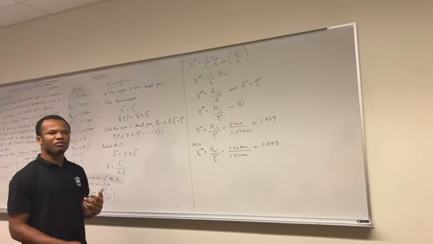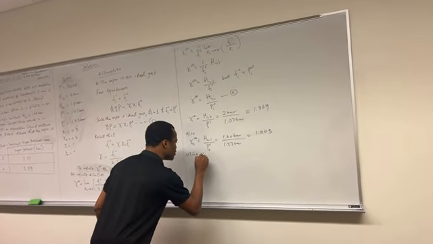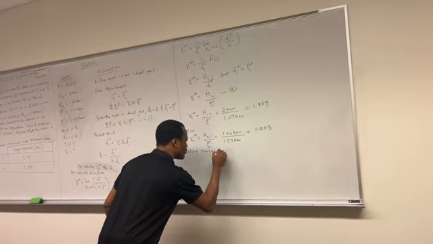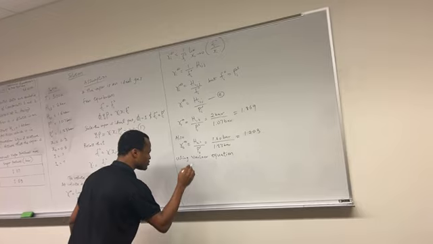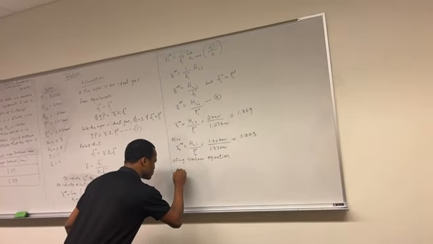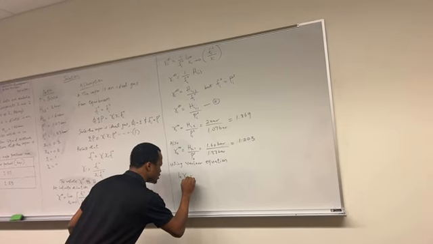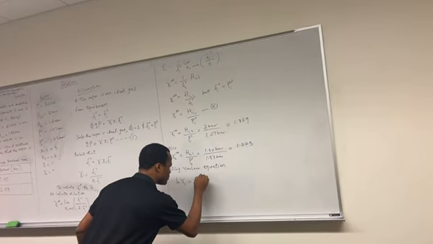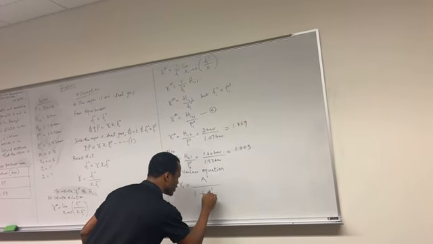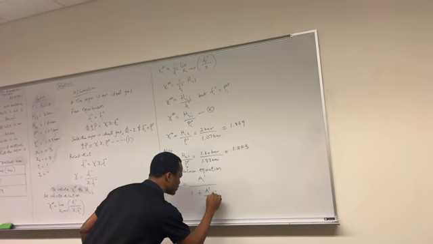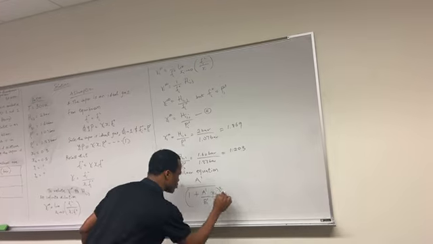According to the Van Laar equation, ln of gamma 1 is equal to a prime all over 1 plus a prime over b prime times x1 over x2, all squared.